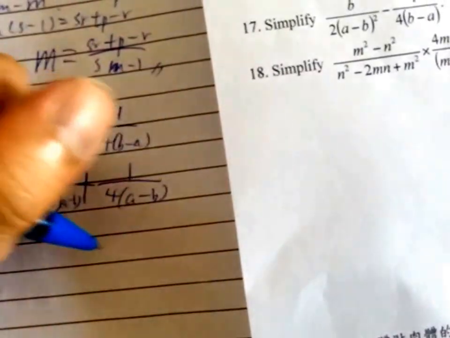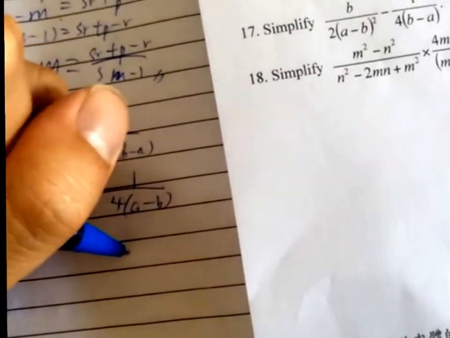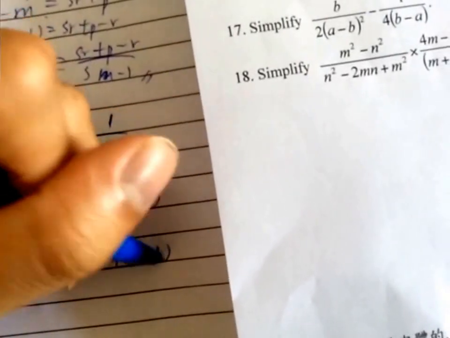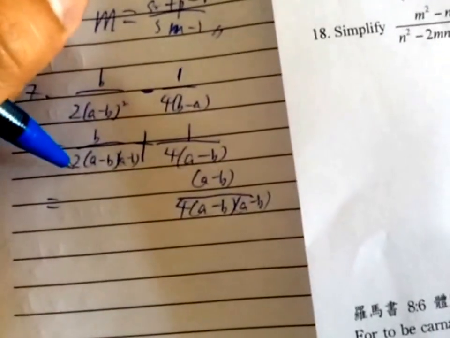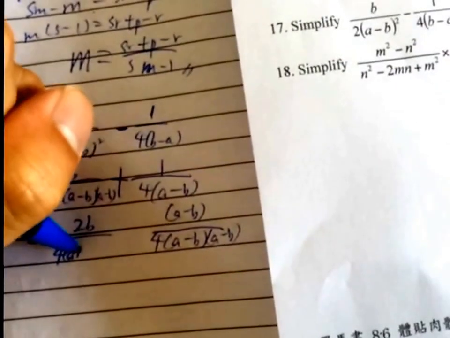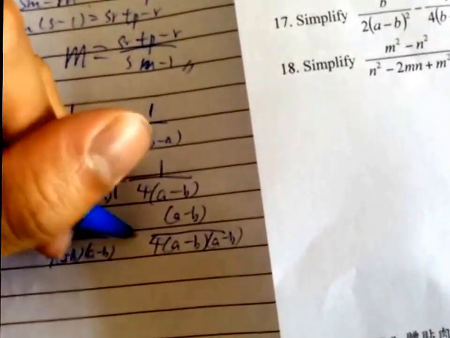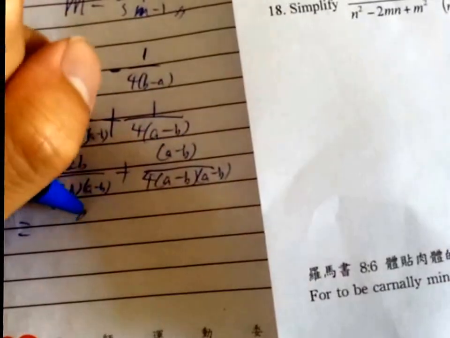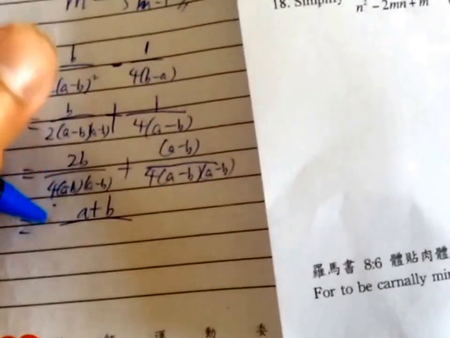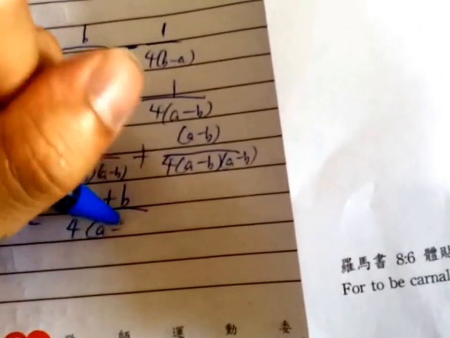So you need to multiply a minus b here to both numerator and denominator. And this one you need to multiply by 2. And then now they have the same denominator. You can add them up. 2b minus b is b. And then a plus b. And then the thing is a minus b all squared. And then you don't need to do any cancellation.